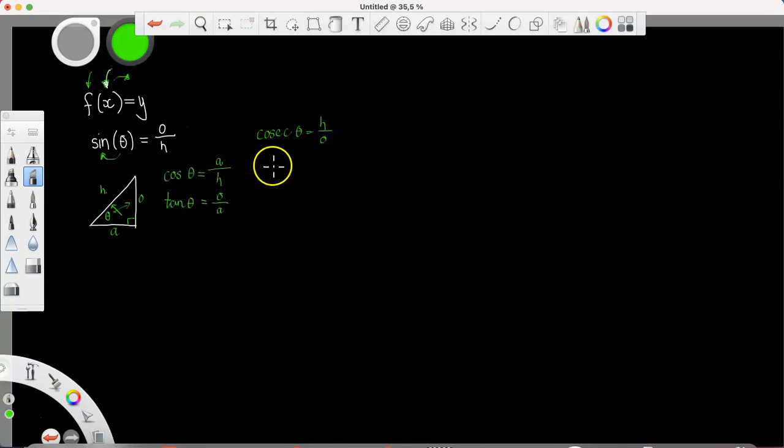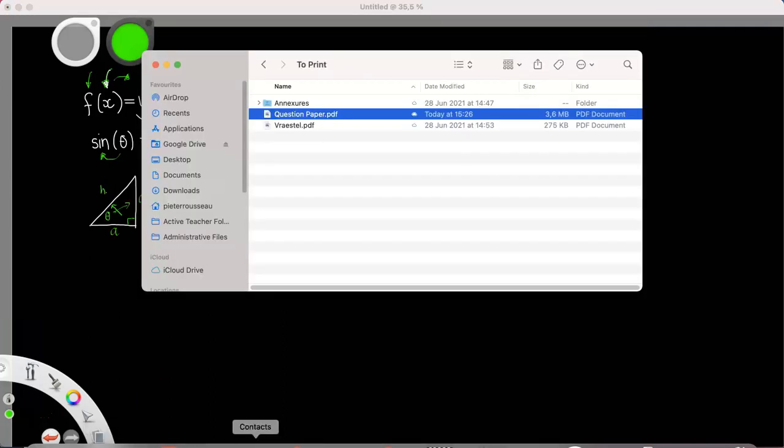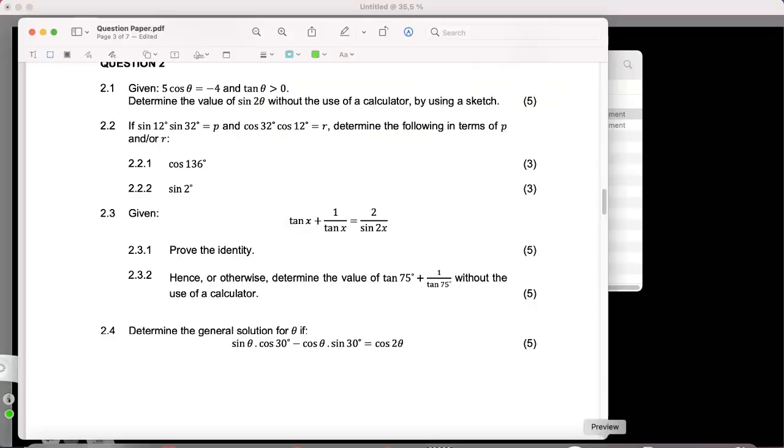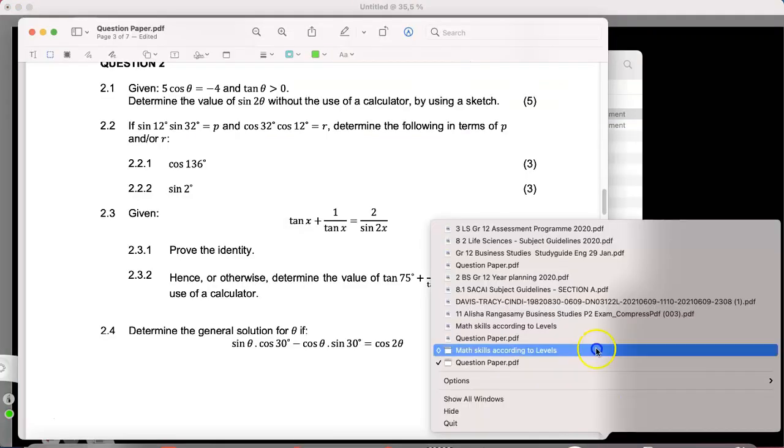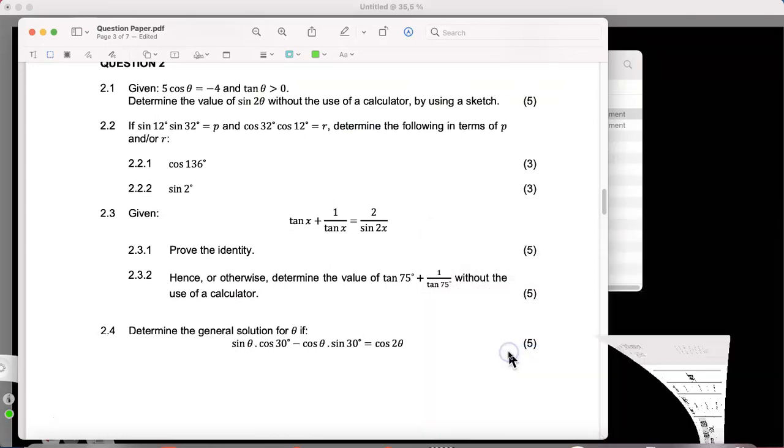The reciprocal for cosine is sec theta, which is the hypotenuse over the adjacent, and for tan, the reciprocal is cotan, which is adjacent over opposite. That's what you should be able to do in grade 10, but this specific instruction is not examined in grade 12.